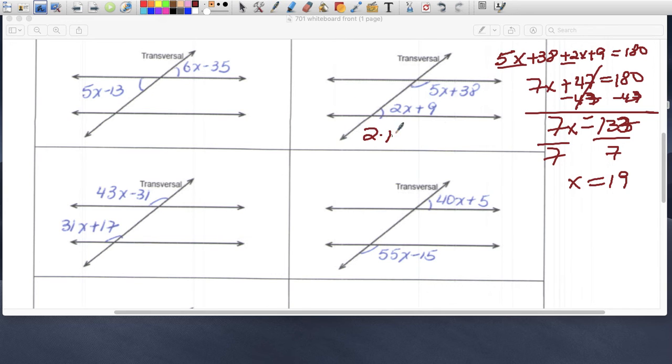It's going to be 2 times 19 plus 9. 2 times 19 is 38 plus 9. This is 47. On top is 5 times 19 plus 38. 5 times 19 is 95 plus 38, and that's going to give you 133. 133 and 47.